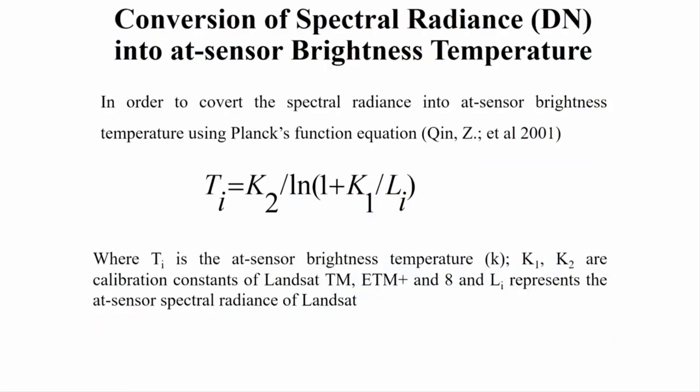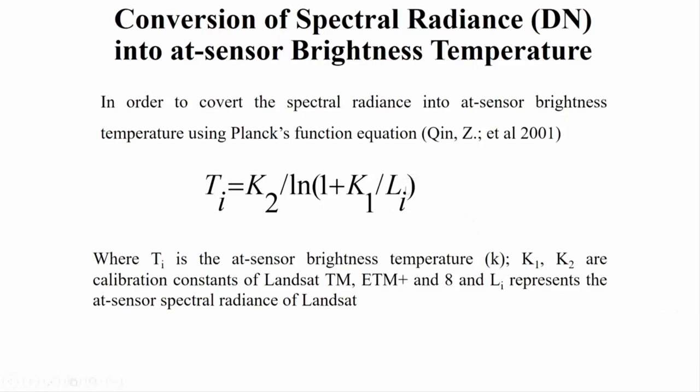Now when the data set is converted to spectral radiance, the spectral radiance should be converted to the at-sensor brightness temperature. At-sensor brightness temperature is basically the radiant temperature. So the radiant temperature equals K2 divided by the natural log of 1 plus K1 divided by Lλ, where Lλ represents the spectral radiance which we measured in the previous step.